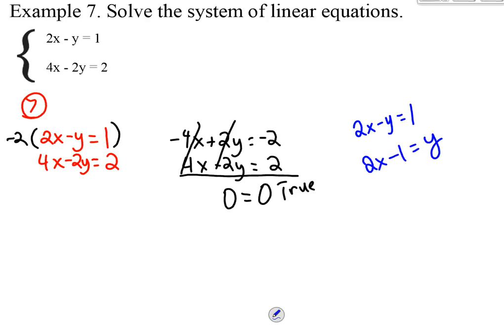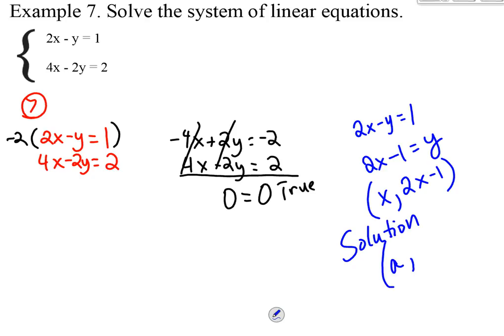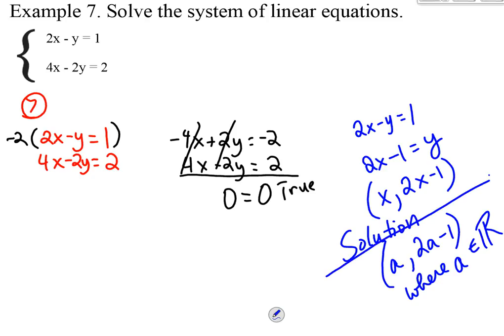That means my ordered pair can be x comma 2x minus 1. So now my solution will be very general: a comma 2a minus 1, where a is an element of the real numbers. So that's my solution for that one.